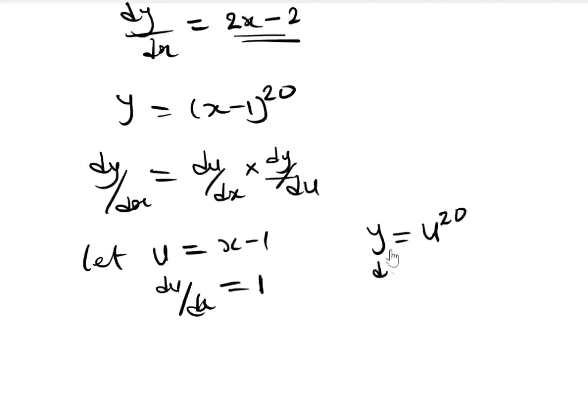And we can differentiate: dy/du is equal to the differentiation of this, which will give me 20u, and when you subtract 1 from 20 it becomes 19. We already know that u is x minus 1, so this is 20 (x minus 1) power 19.